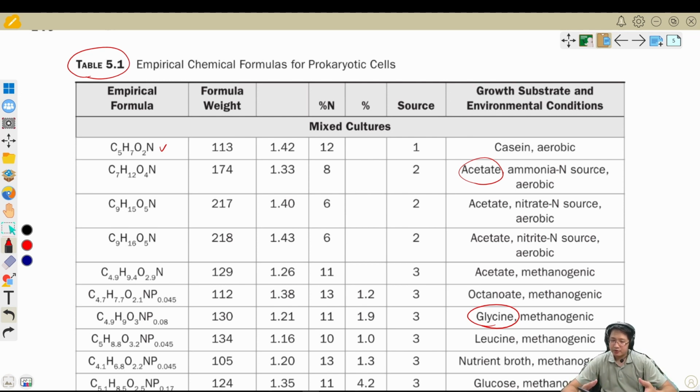So here you will have a different empirical formula, but generally we will use C5H7O2N as the easiest way to describe the bacterial cells.